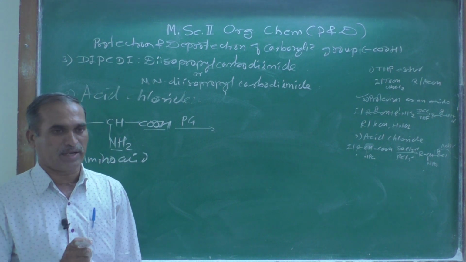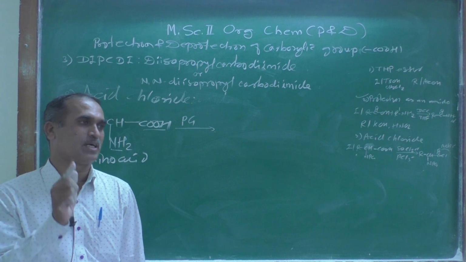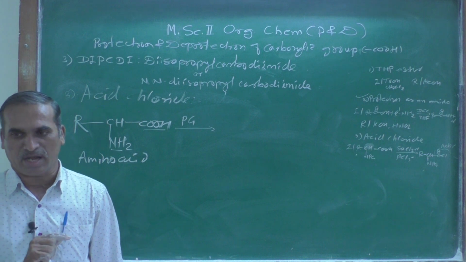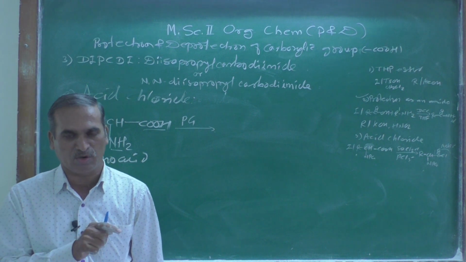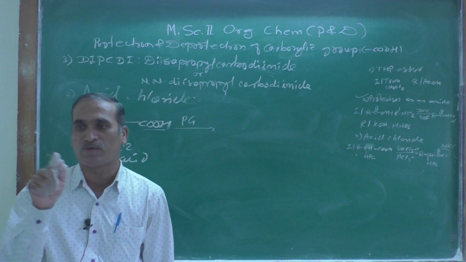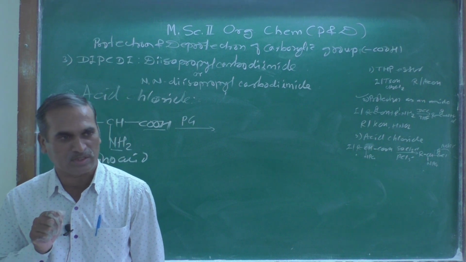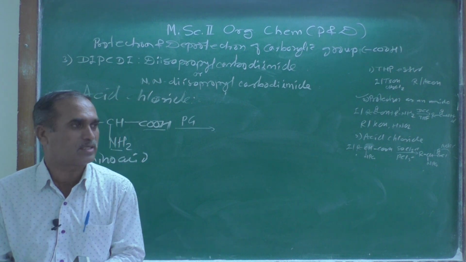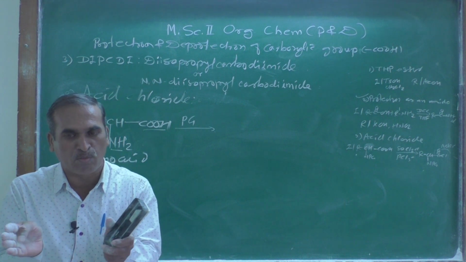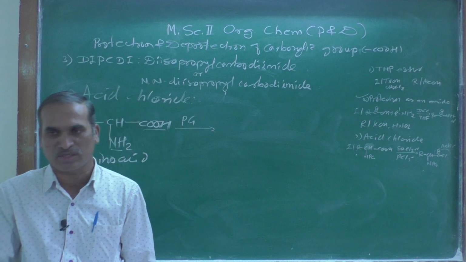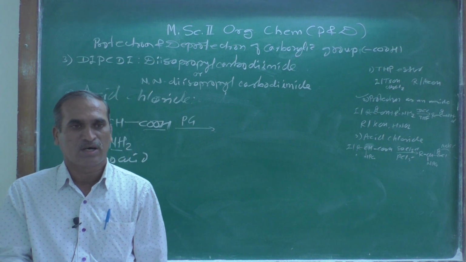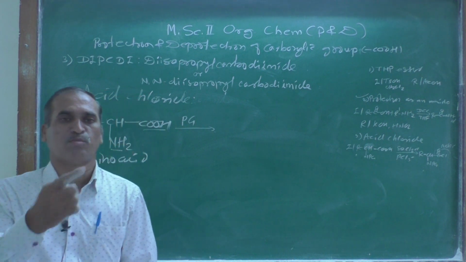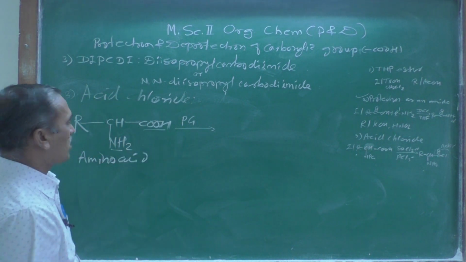The reason behind it is the electronegativity. Oxygen is more electronegative than nitrogen, and therefore the oxygen atom holds its electrons more tightly than the nitrogen atom, and hence the NH2 group is more reactive than the carboxylic group.